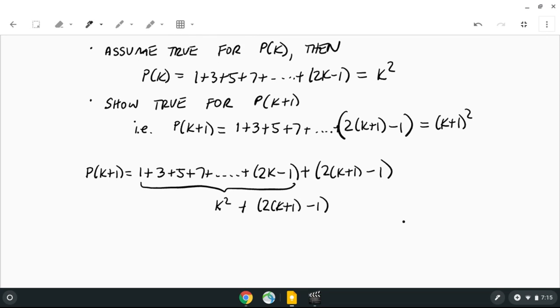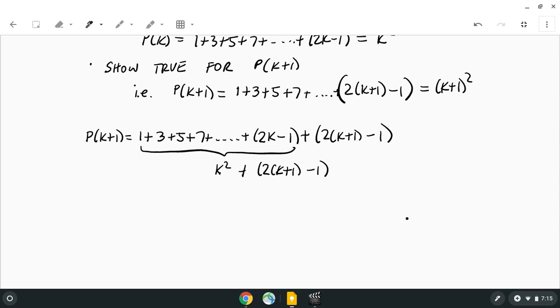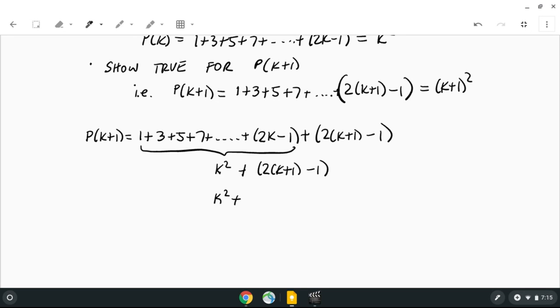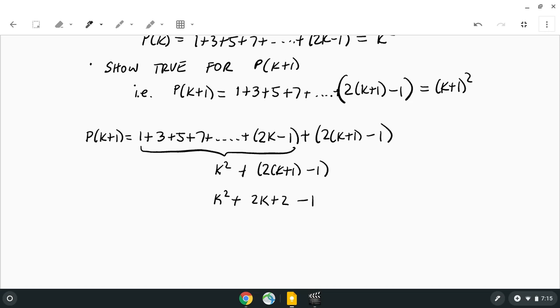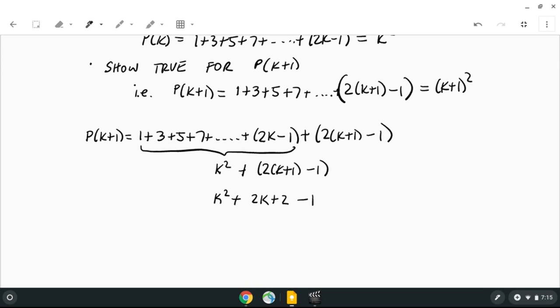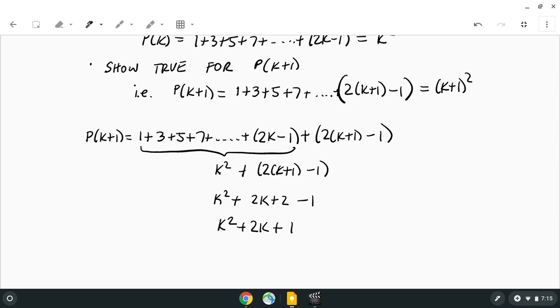Now I'm going to go ahead and distribute this. I'm going to combine the 2 and the minus 1. And now I'm going to factor this.